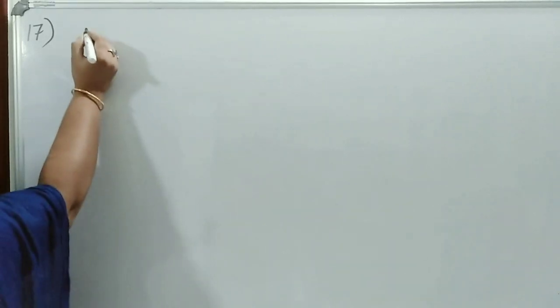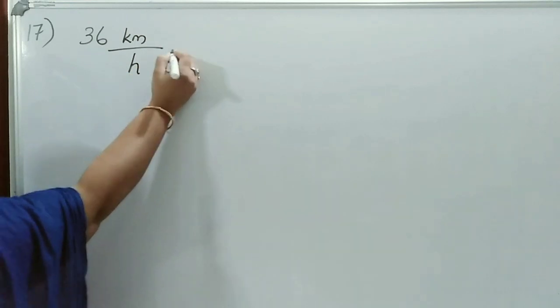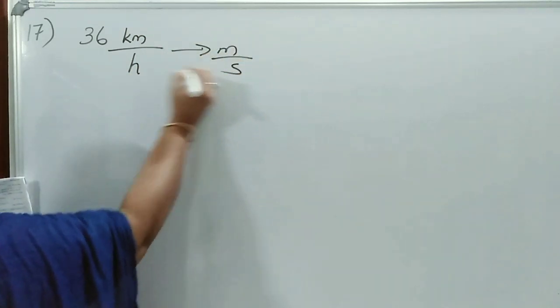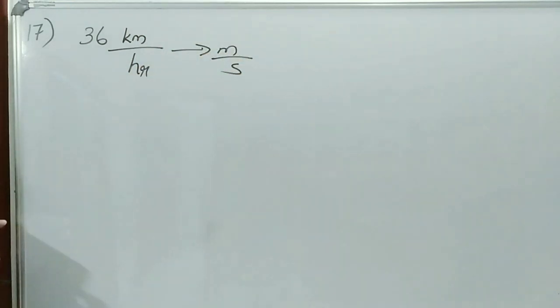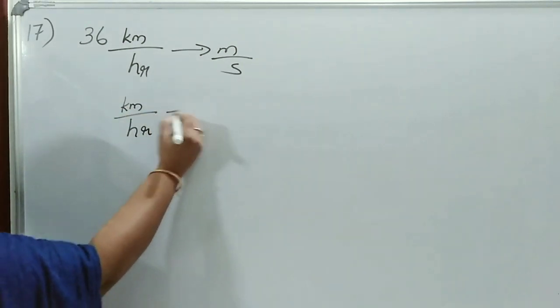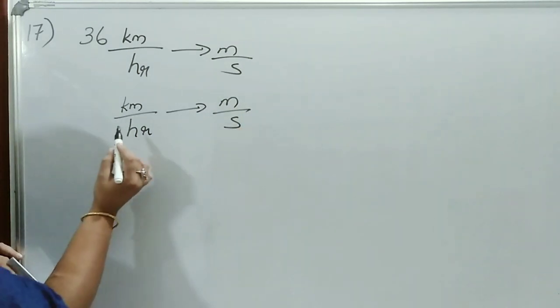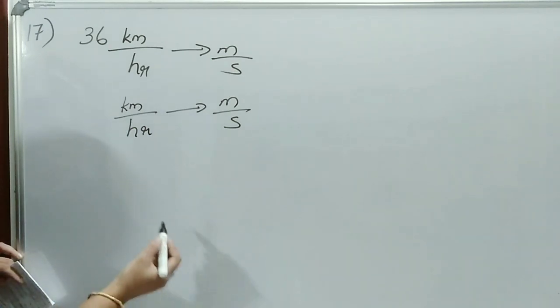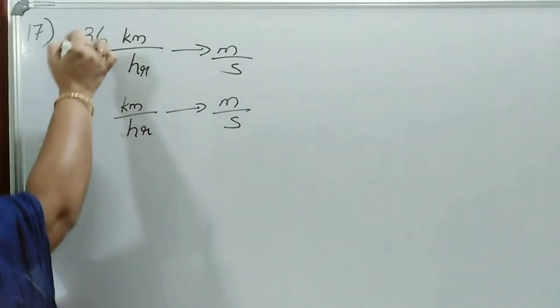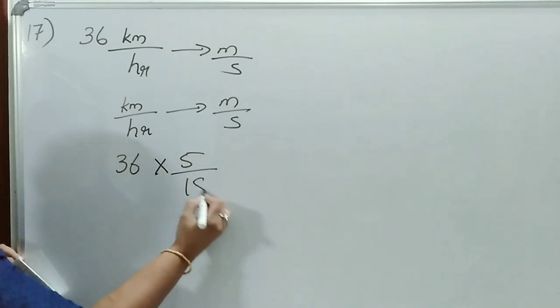Next, question number 17. Express 36 kilometer per hour in meter per second. I already explained the same question, same pattern, in question number 14. I told how to convert kilometer per hour to meter per second. It is very easy. Just multiply the given value 36 into 5 by 18.